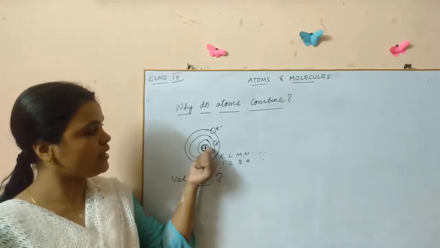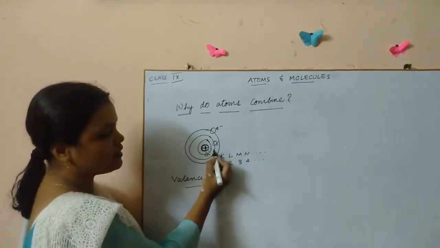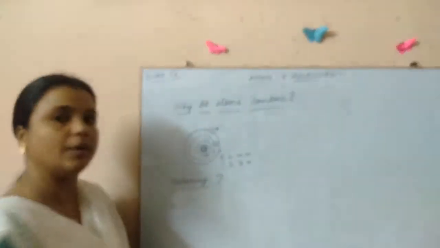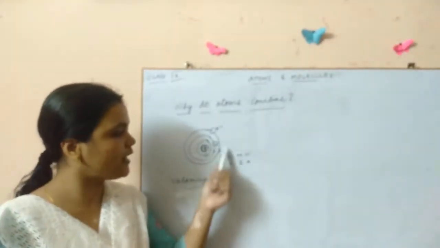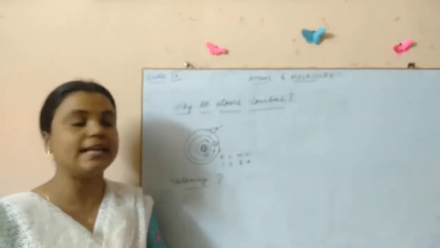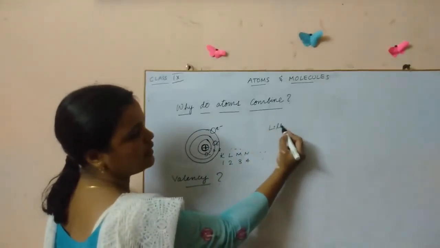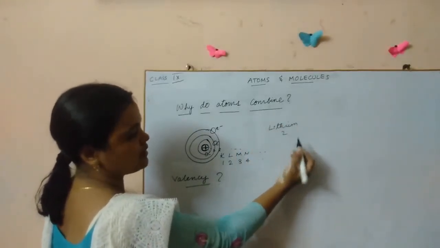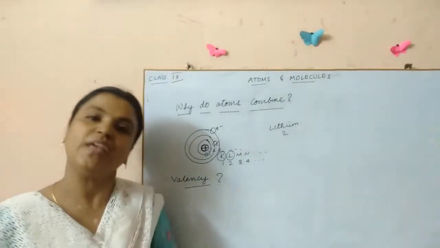The first shell is the one closest to the nucleus, this is the second, this is the third, and so on, depending upon the size of the atom. Hydrogen has only one shell, the K shell. If you see lithium, it contains two shells, K and L. In that manner it goes on increasing, children.